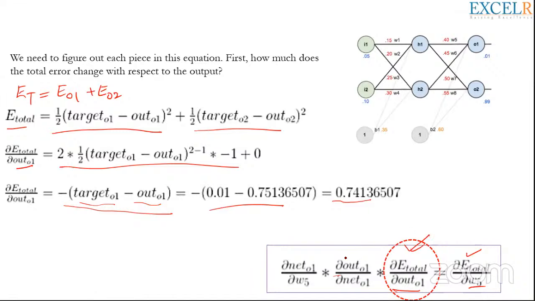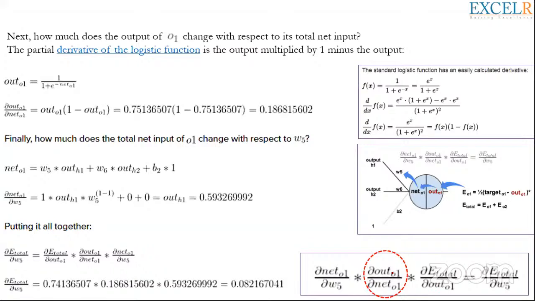Then let us focus on this term. What is this? Dou out one by dou net 01. What is the rate of change of out one with respect to net 01? What is this out? Activation function. What is the activation function? Sigmoid: 1 by 1 plus e power minus x. Now we are going to apply the partial derivative of the sigmoid function with respect to net 01, so dou out 1 by dou net 01.